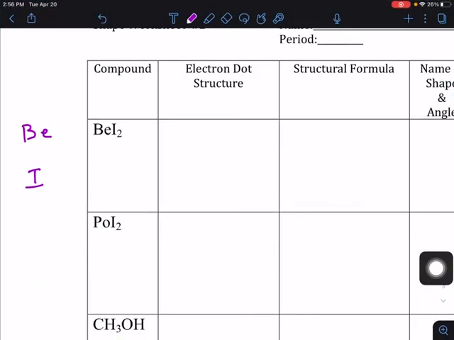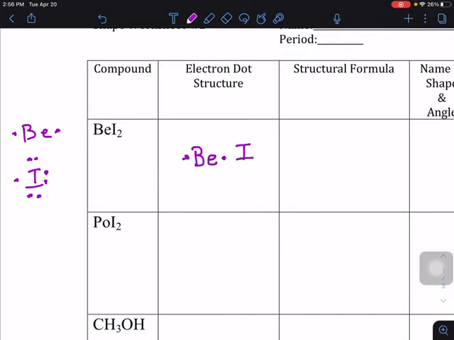So Be is going to have 1, 2, and iodine is going to have 1, 2, 3, 4, 5, 6, and 7. Okay, so for our electron dot structure, since Be has 2 solo electrons, that's going to be the one that goes in the middle with its 2 valence electrons, and then iodine is going to be right here.